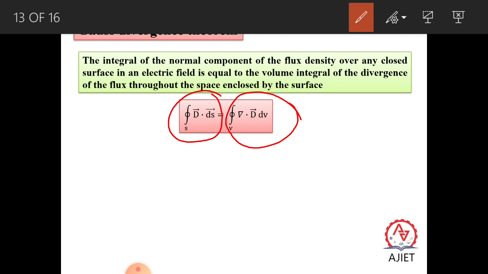That means the electric lines of force coming out through the surface, the flux density, is equal to the volume integral of divergence of flux through the space enclosing the surface.